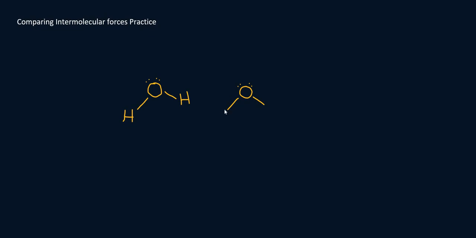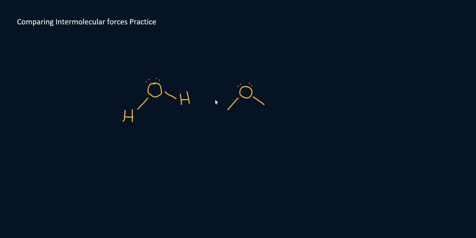We've already established that water can do hydrogen bonding, and that dimethyl ether cannot do hydrogen bonding. However, both of these molecules are polar. The question, though, is what kind of forces exist between each other? So not identical molecules, but each other.